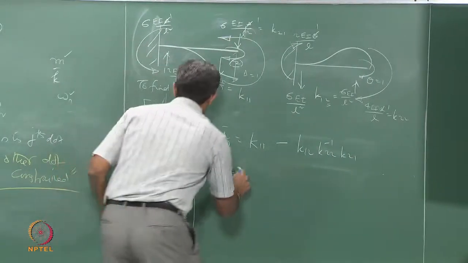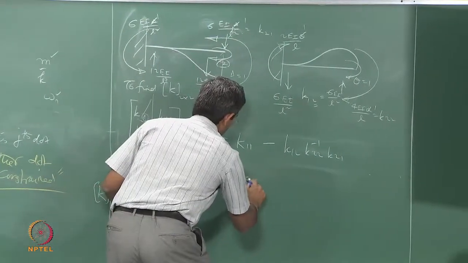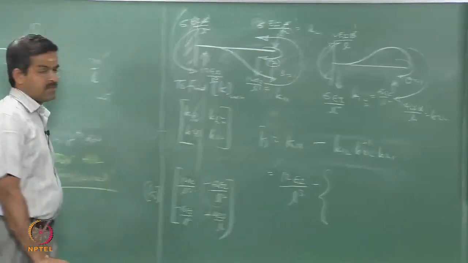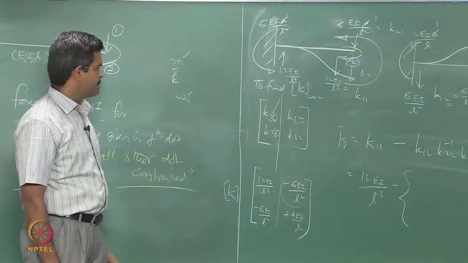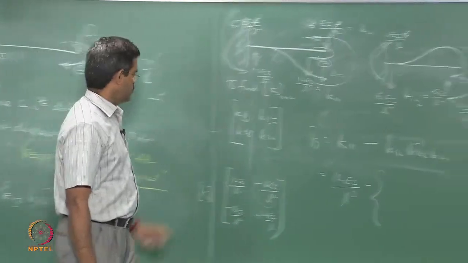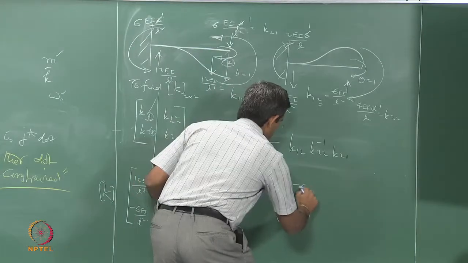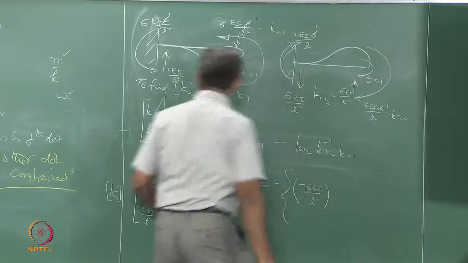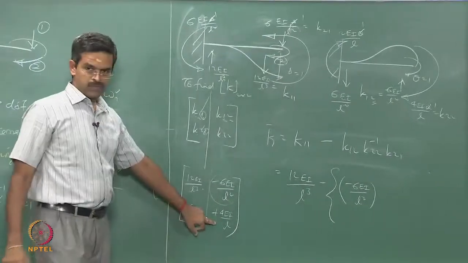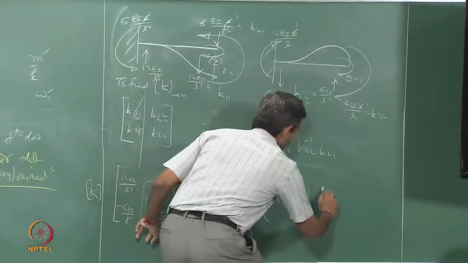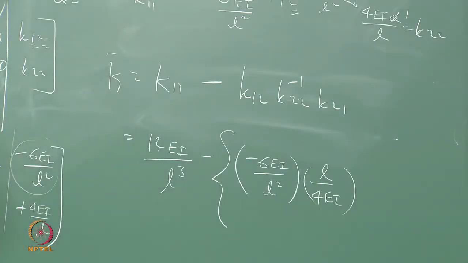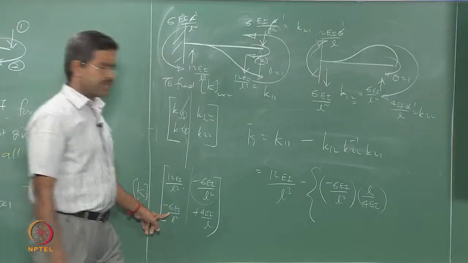So, let us substitute them, which is 12 EI by L cube minus K12, first row second column, so minus 6 EI by L square, K22 inverse, so L by 4 EI, and K21, second row first column, minus 6 EI by L square.